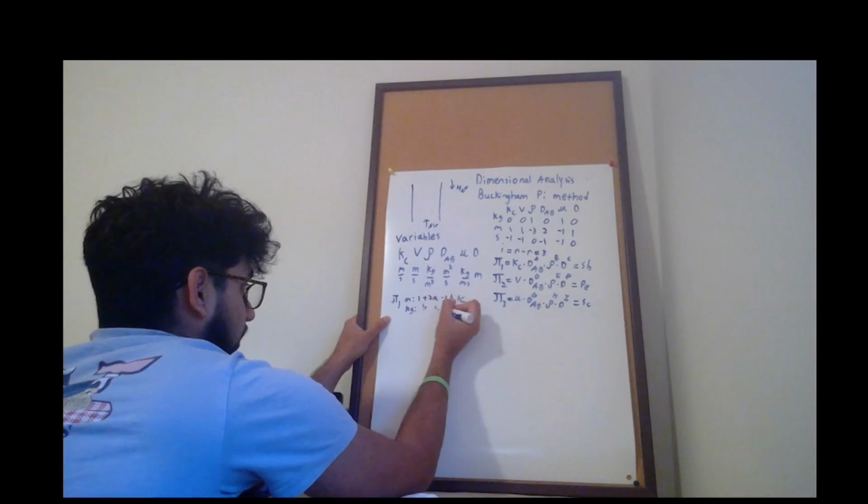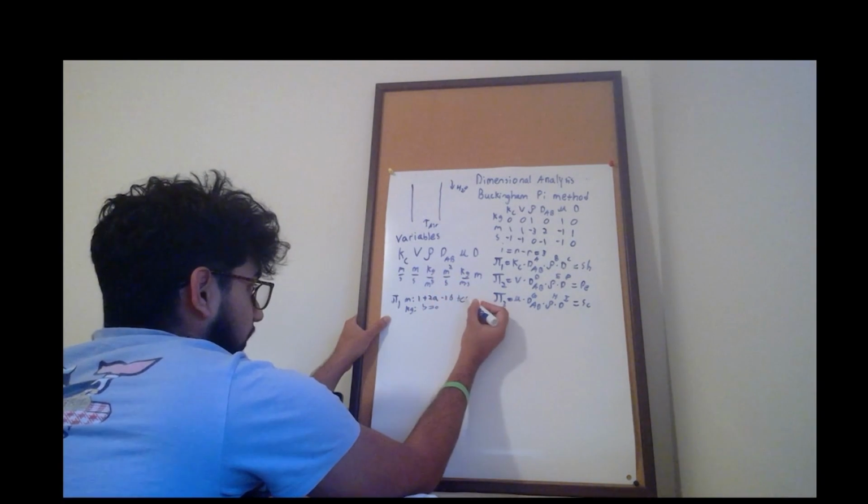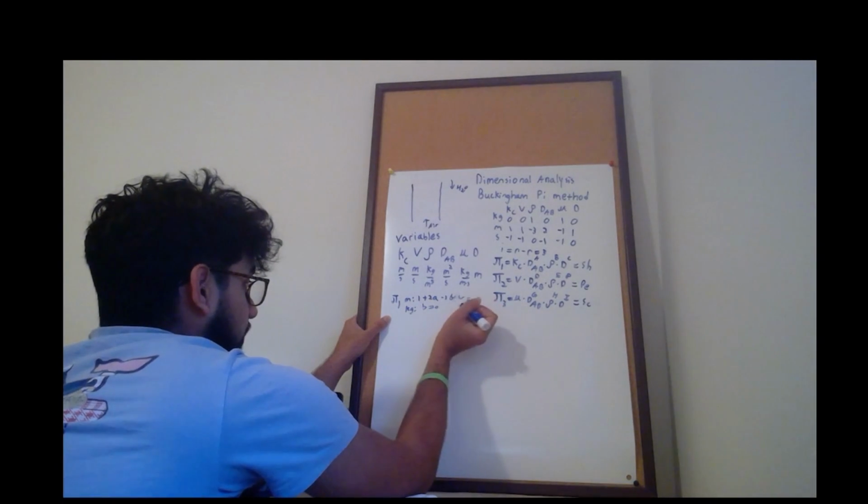So we know that b equals 0 because all of these must equal 0.